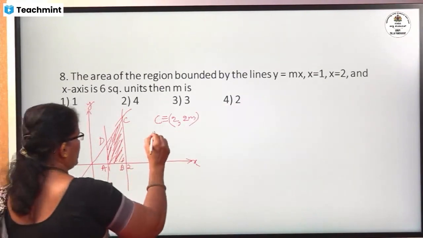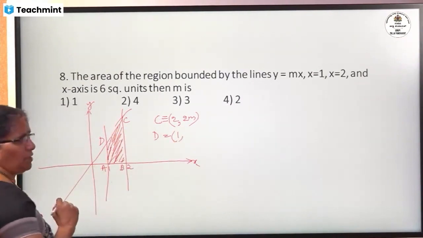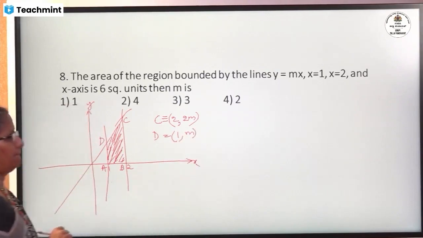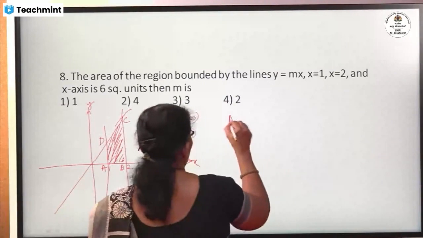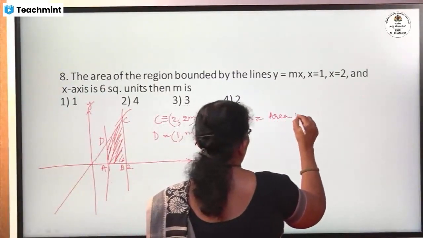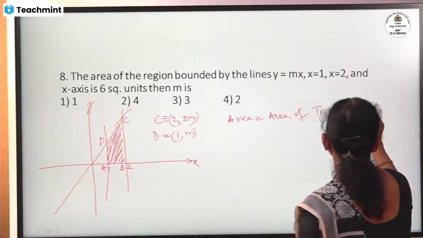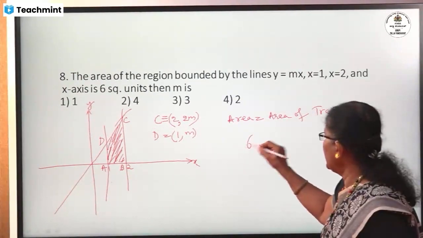Similarly, at D, x is 1. This is the line y is equal to mx. Therefore, y is m. So, can you see that area is same as area of trapezium?